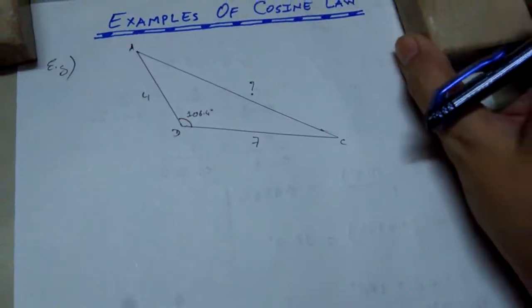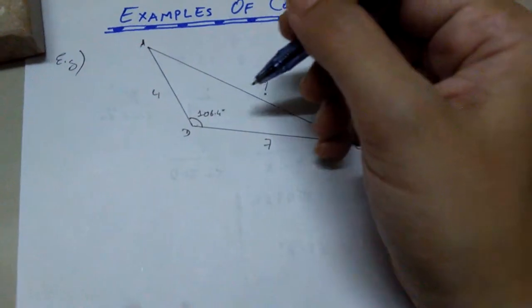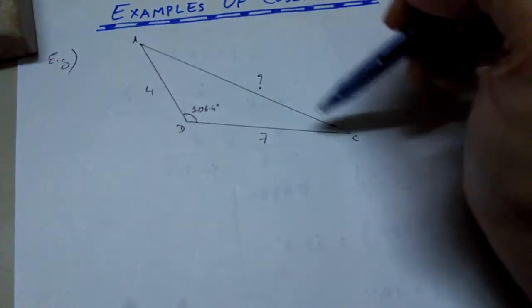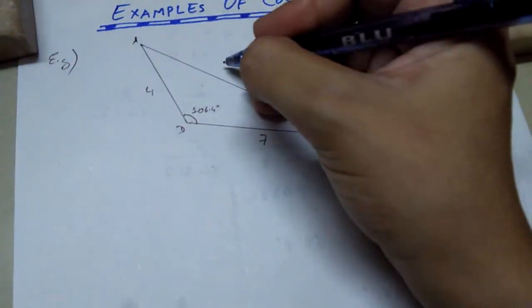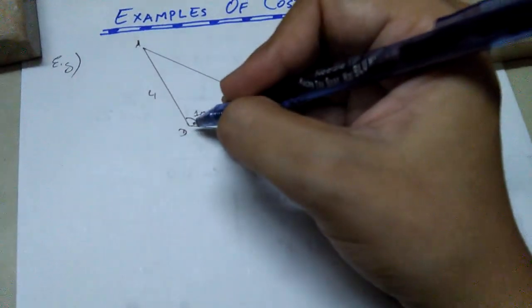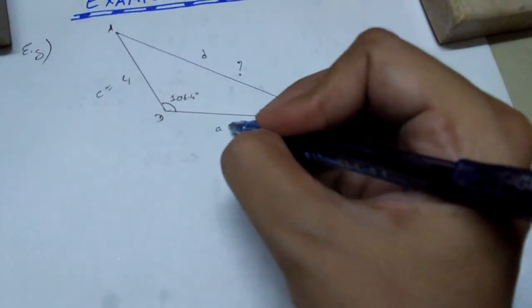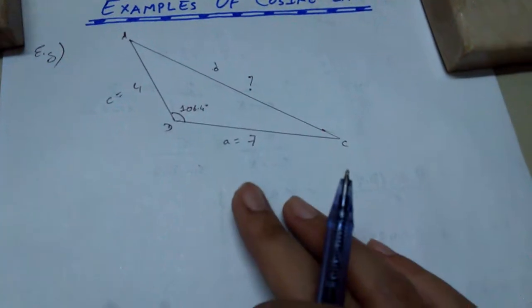We are going to apply the conventional strategy that the magnitude of the side is represented with the small letter of its opposite vertex. So it is small d, this is small c, and this is small a. Alright, so this is it.